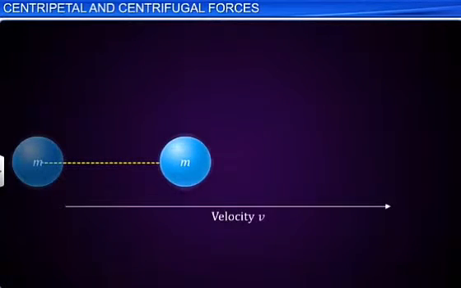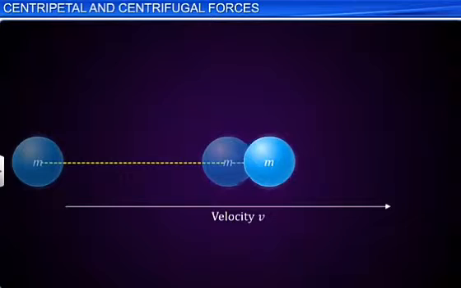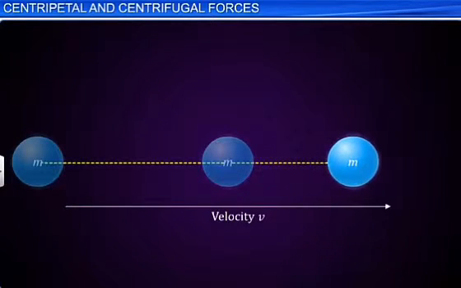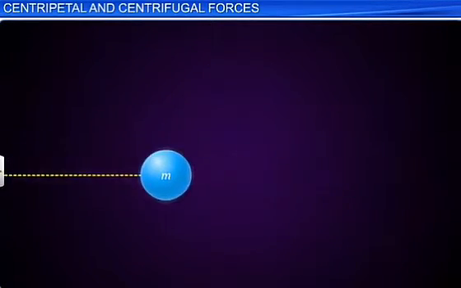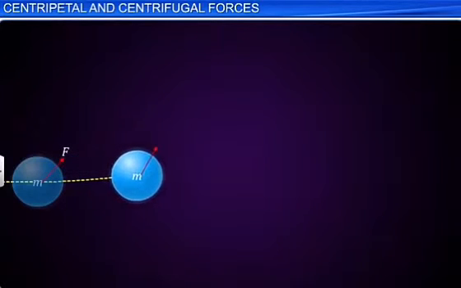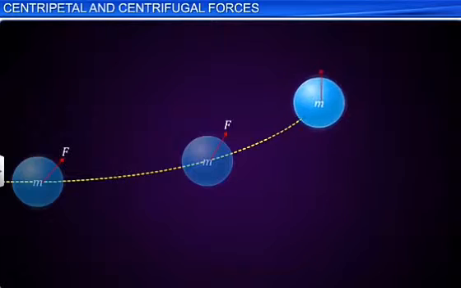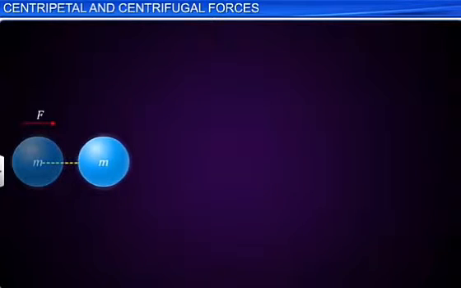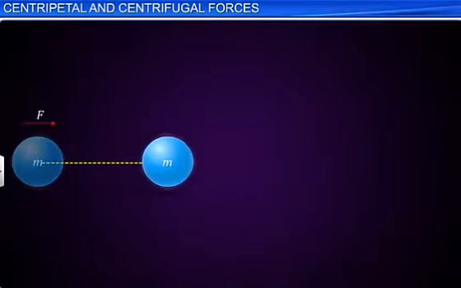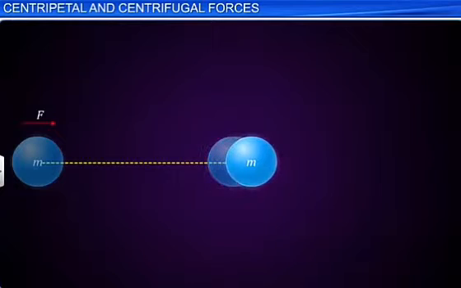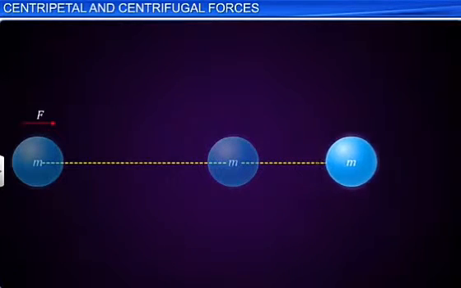Consider a particle moving with uniform velocity along a straight line path. An external force acting on the particle causes a change in its velocity. If the force acting on the particle is in the direction of its motion, then the particle continues to move in the same direction with increasing speed.